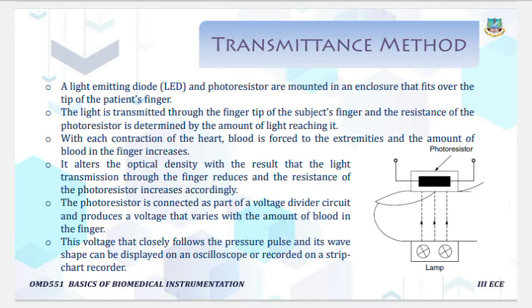The resistance of the photoresistor is determined by the amount of light reaching it. So here also it will measure the resistance, based on the light that is reaching the photoresistor.